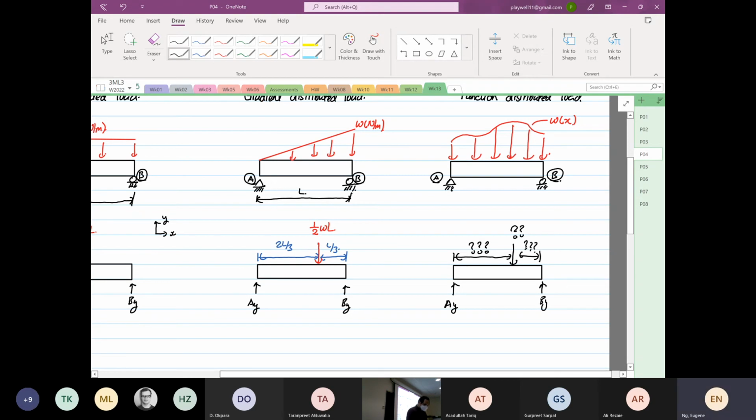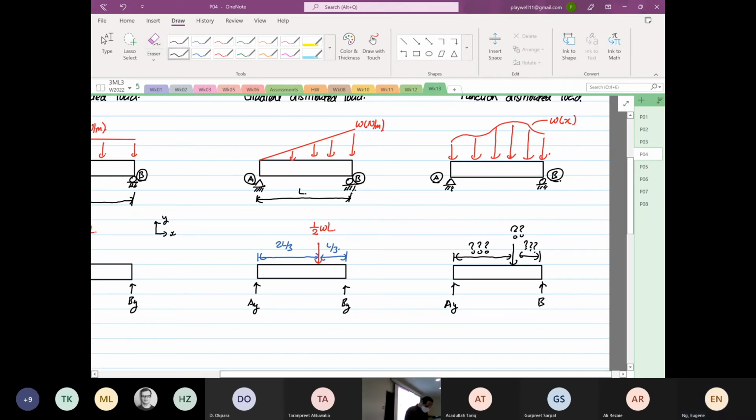Anyone? We don't know, right? We don't know where the equivalent load is, and where it is applied, that distance we also don't know. If we don't know, how are we going to find the reaction at A, and how are we going to find the reaction at B?